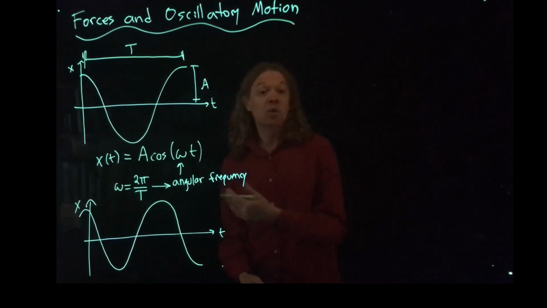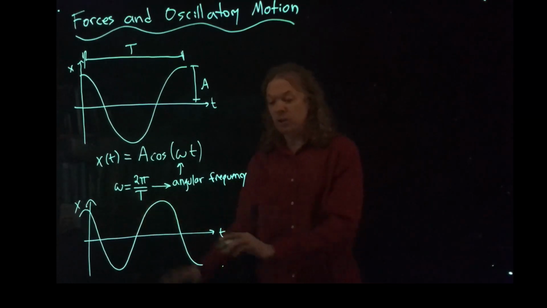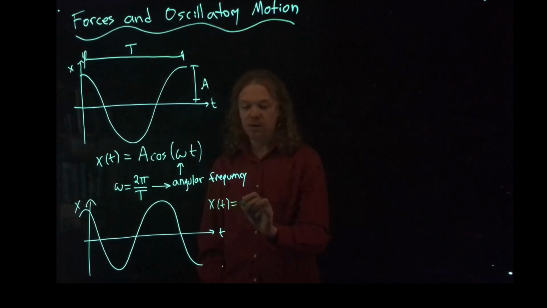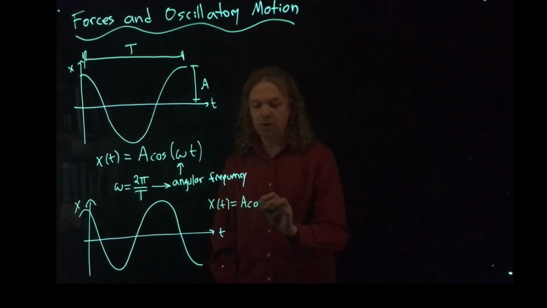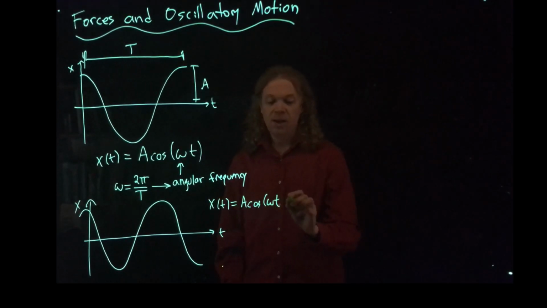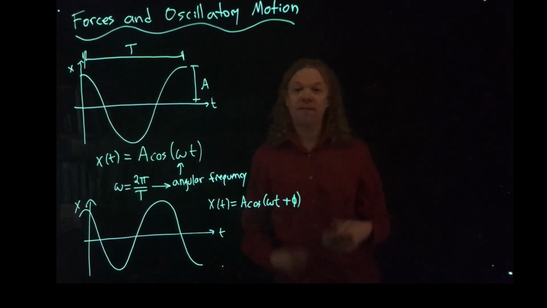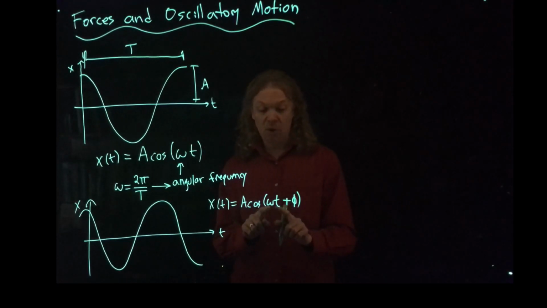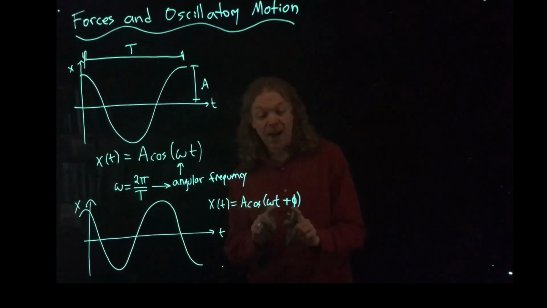So we have another way of writing an equation for a wave that looks like that, and it's very, very similar. It's an amplitude times the cosine of omega t, and then we have this additional factor, plus phi. That phi is just a phase shift of the wave. It says that when t equals 0, we don't quite have 0 in here.